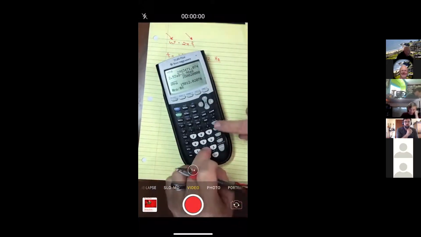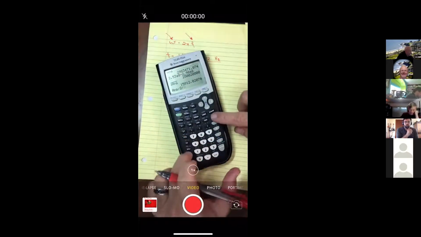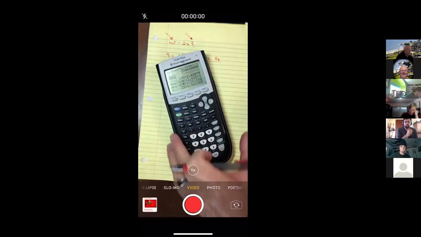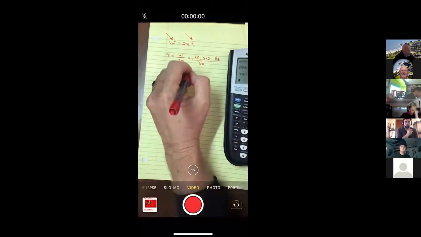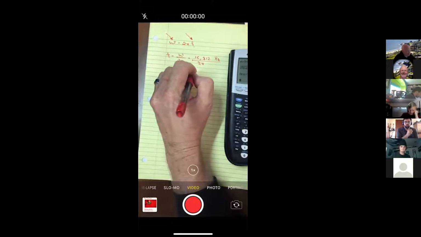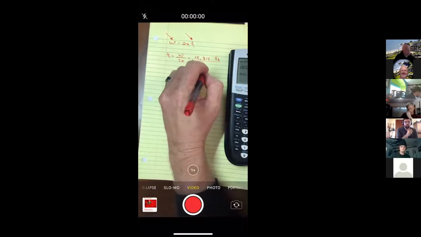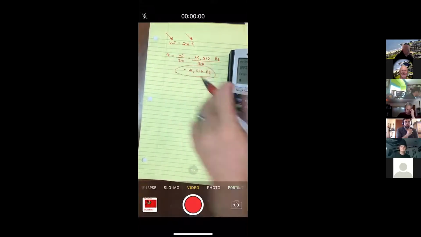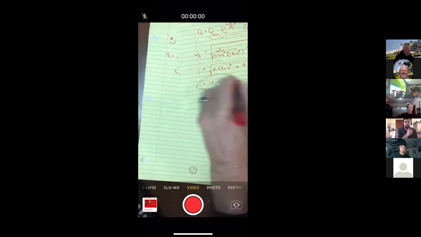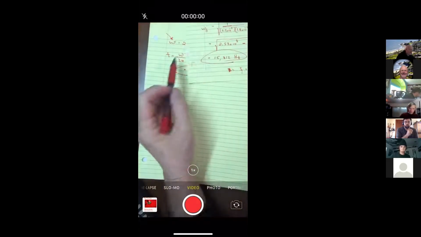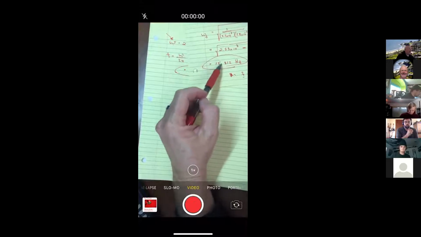And I know I haven't quite gotten to your question yet, but let me do this first and it'll hopefully fall into place. So this is a frequency of 2,516 hertz.